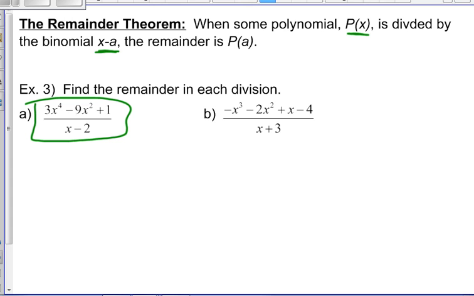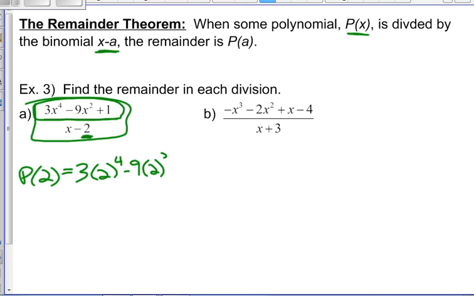So we know the remainder should be 13. Let's see if this little theorem works. It says x minus a. So right here it's x minus 2 you're dividing by. So we're going to look at the polynomial at an x value of 2. So all I do is I sub in 2 into the polynomial. 3 times 2 to the 4 minus 9 times 2 squared, plus 1.